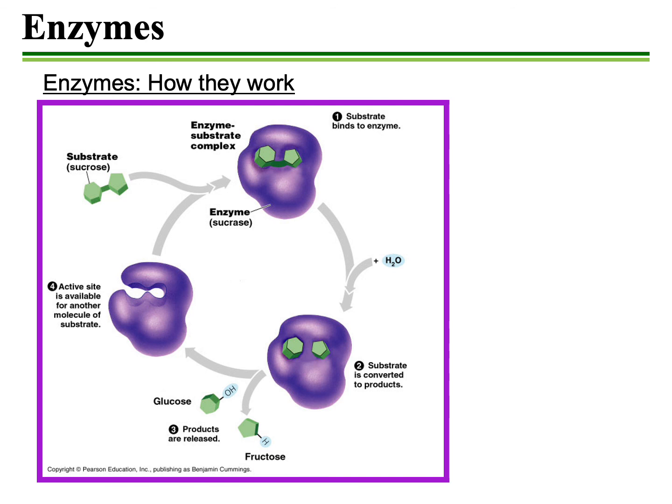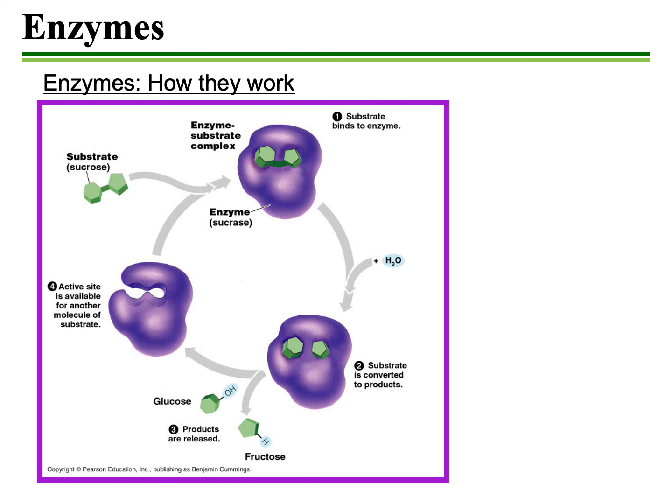In this particular case, we are looking at the enzyme known as sucrase, and its substrate is sucrose, like the reaction that we looked at just a few slides ago, where sucrose is going to be broken down into individual monosaccharides, glucose and fructose. So again, step 1, you have the substrate binding to the active site of the enzyme. And again, you have the induced fit where the enzyme sort of closes down more tightly around the substrate.